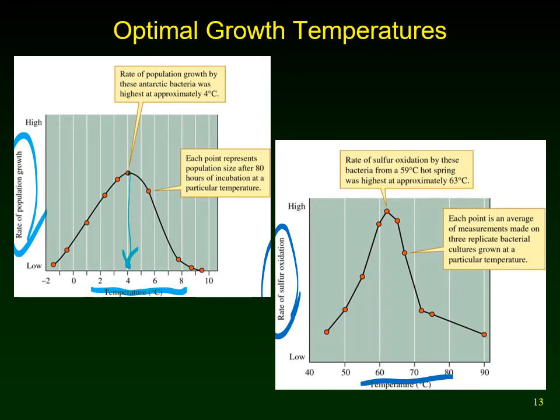And we find that their peak is around 60 to 63 degrees Celsius. And the hot spring itself was at around 59 degrees. So they're really operating right at their peak rate at the hot spring temperature.